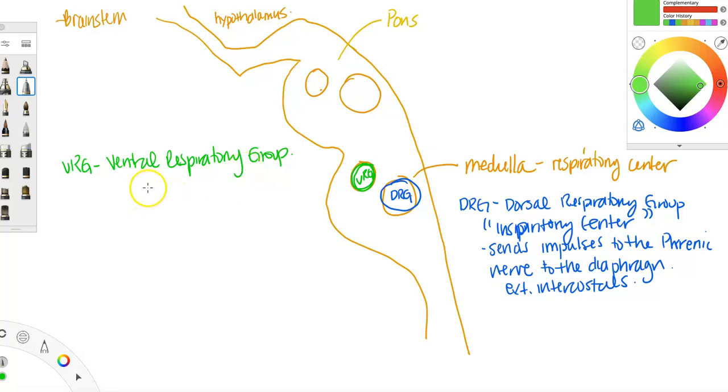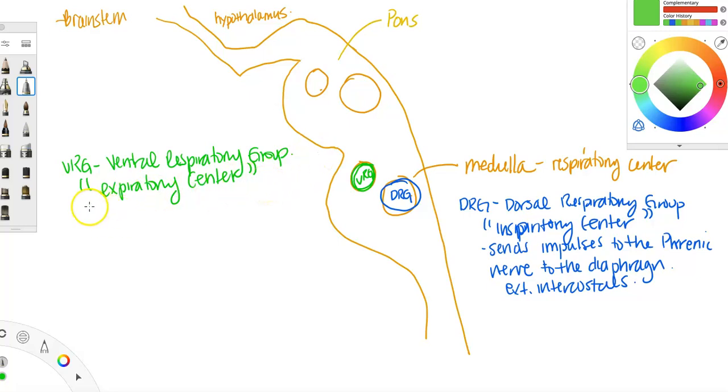And this is the expiratory center. So that seems kind of weird because expiration is basically a passive motion, right? You breathe in and your diaphragm relaxes, everything relaxes, and the air goes out, basically because of changes in pressures.